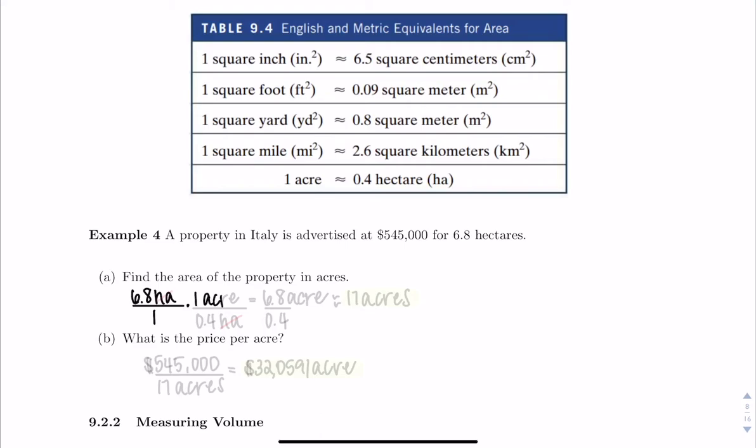So we've got 1 acre on top, and we've got 0.4 hectares on the bottom. The hectares end up canceling. So we have 6.8 with our acre on top and 0.4 on the bottom. And so that's about 17 acres.